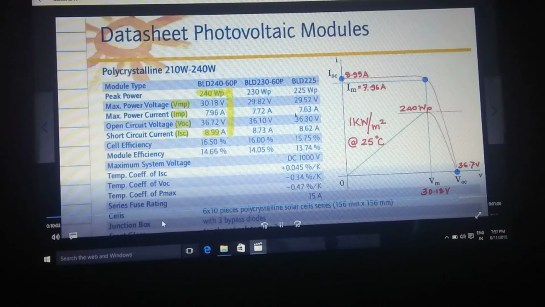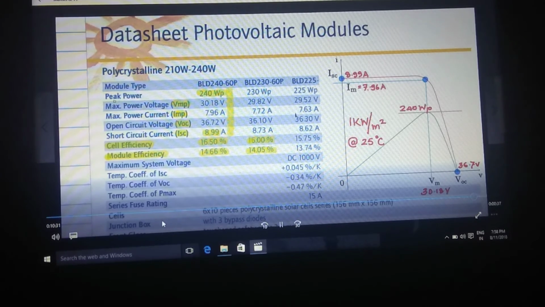If you come back to the data sheet, here you have the cell efficiency, and you see that the cell efficiency is 16.5%, whereas the module efficiency is actually 14.66%. It is so in all types of panels because the module area is higher than the pure cell area.